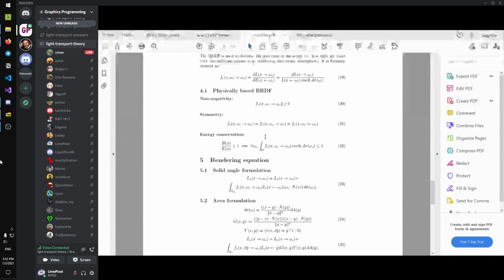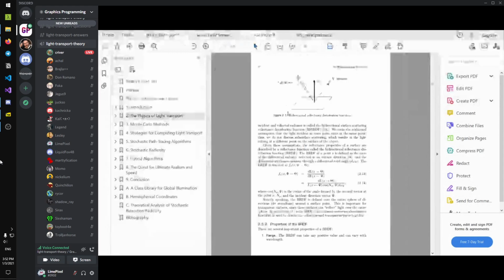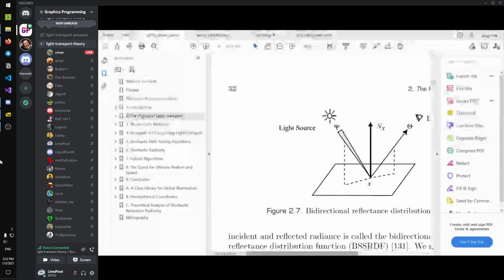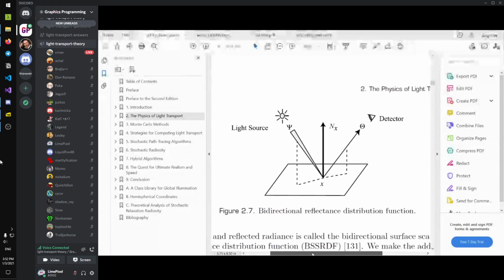It should also be symmetric. What does this mean? If you have this graph here, this figure, you have outgoing direction theta and incident direction psi.